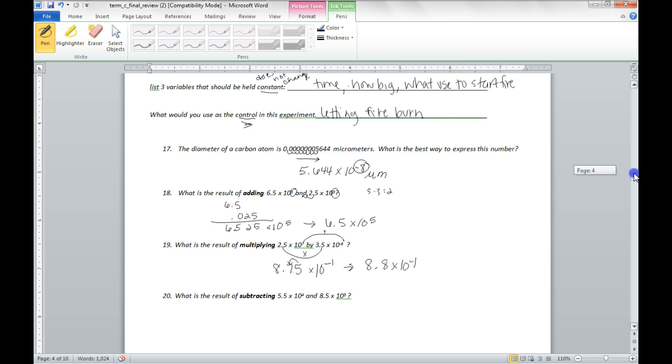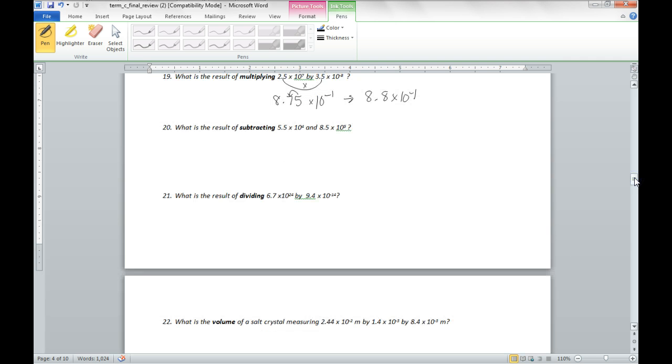Now subtracting scientific notation. Subtracting is like adding. We have to make sure that the exponents are the same first. This is at 4, this is at 5, so I'm going to make this number bigger, so make this number smaller. So we're going to move it back one. So we're going to go 0.55 minus 8.5, which gives us a negative 7.95 times 10 to the 5th.